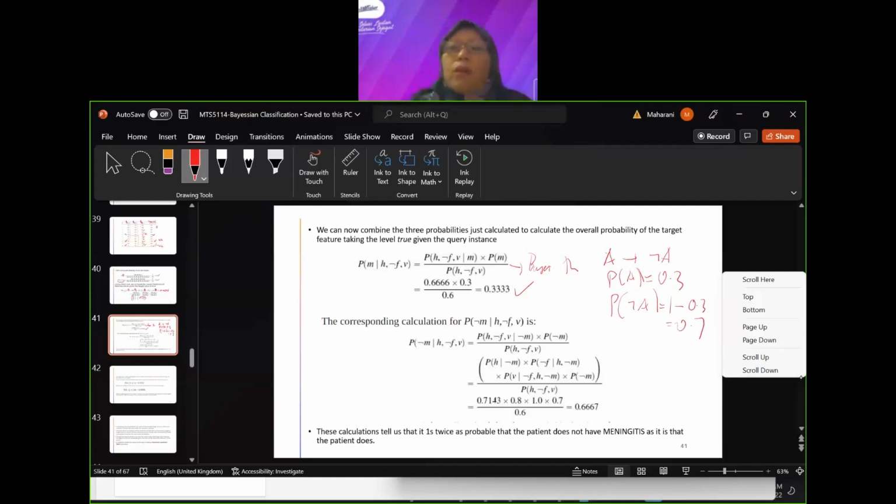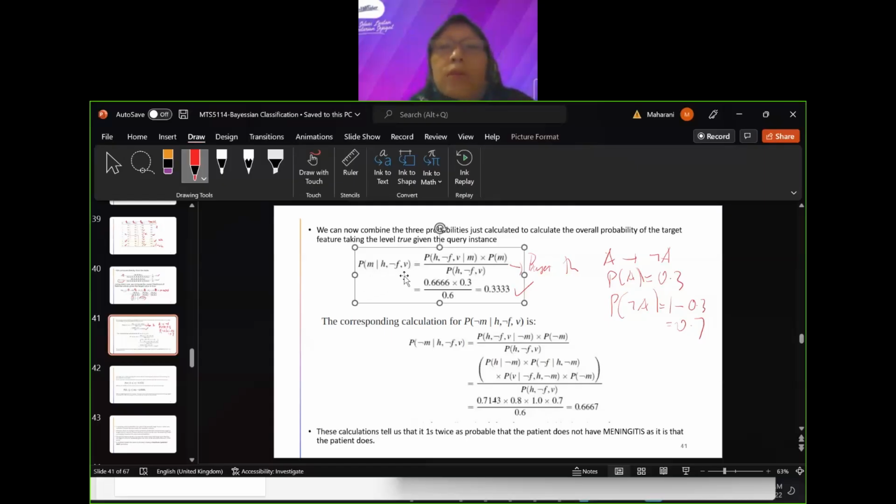So just vice versa. We do the same thing here, because this is for meningitis with H, non-F, V. So we can also compute the other side, P of non-M, not meningitis, with the same condition.